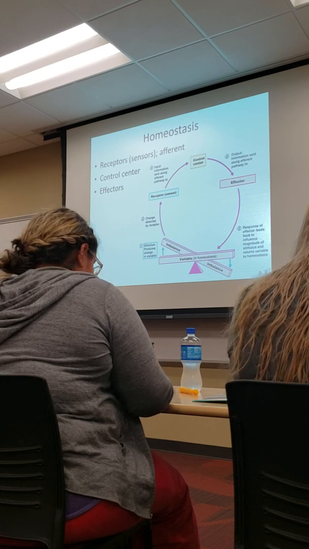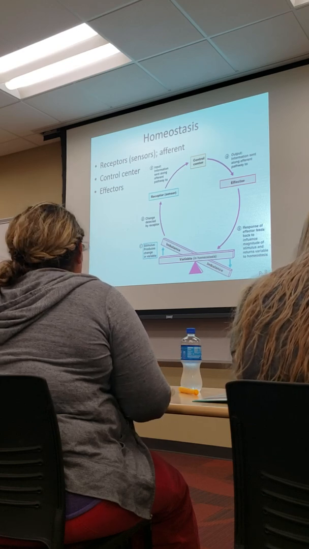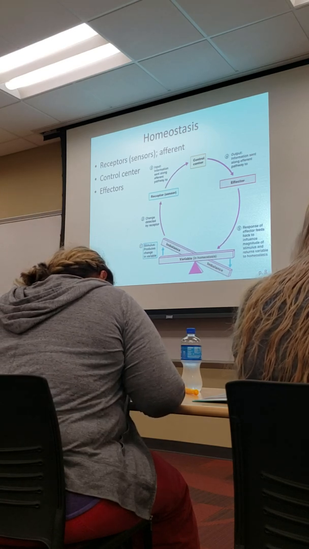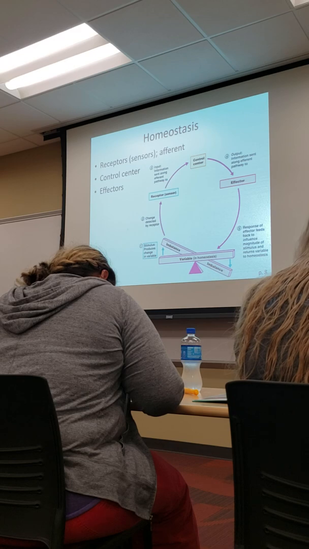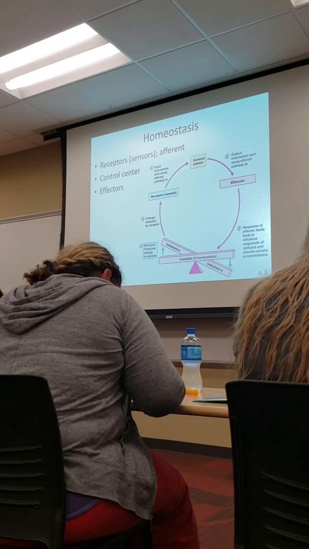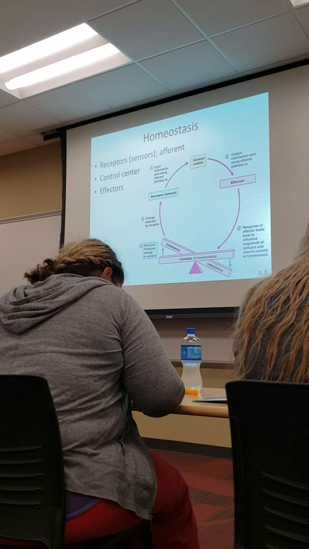And so our nervous system, the afferent system is bringing information in, and then the efferent is taking information out, which is going to result in some sort of muscular movement. And in between those two, we have the control center.